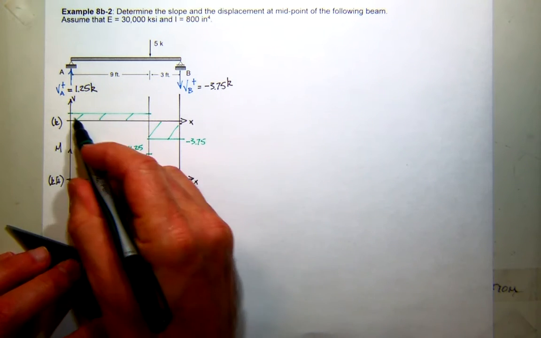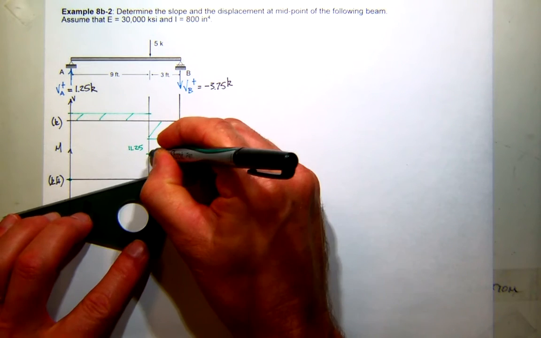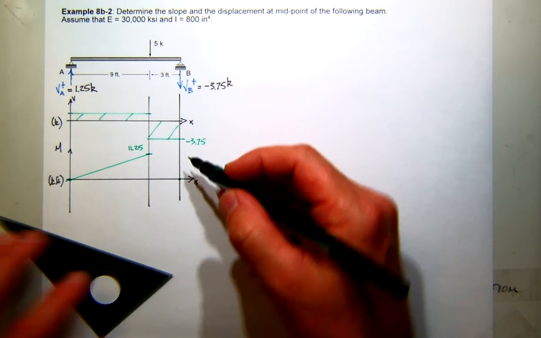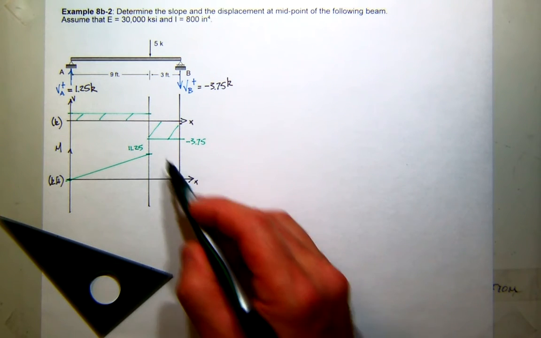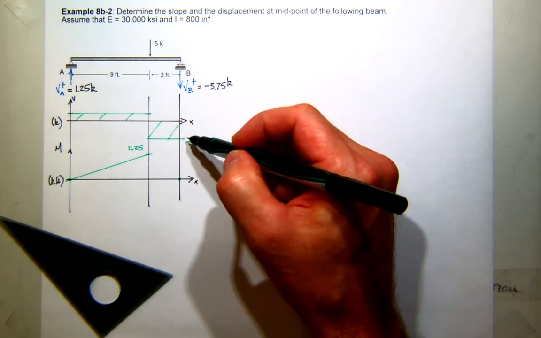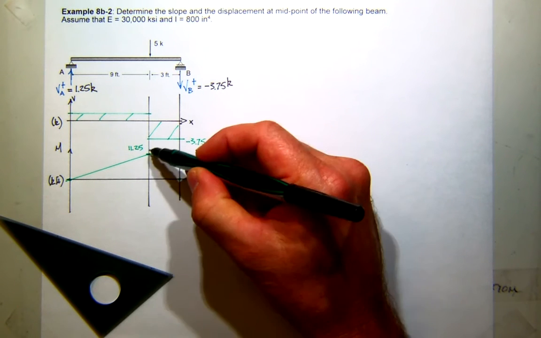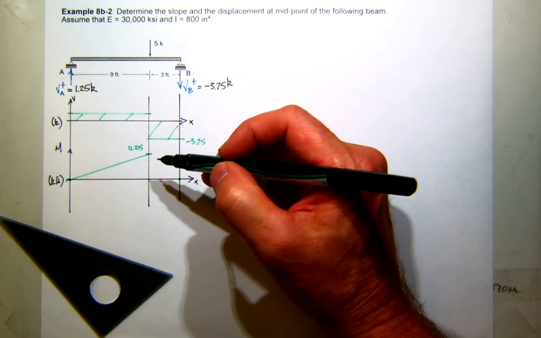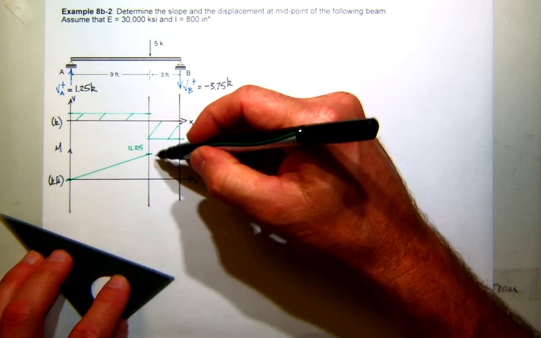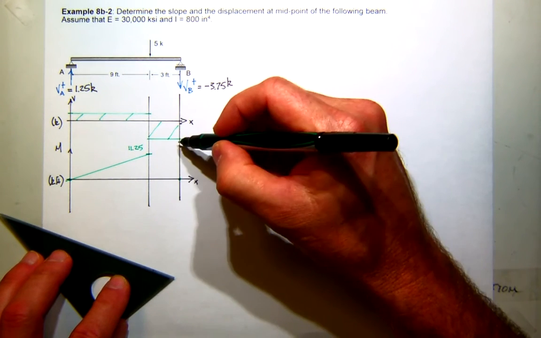Of course, the slope is given by the shear. The shear is constant, so I have constant slope, and it's positive. And then the change in moment is the area in this part of the curve. So that would be base times height, 3 times 3.75. I'm pretty sure that's a negative 11.25. That brings us back to 0. The slope of the moment diagram is given by the shear.